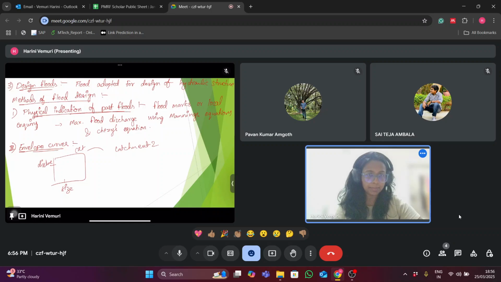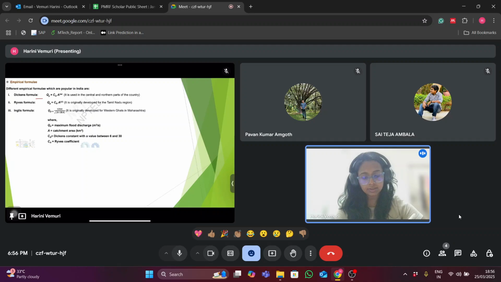Next method is using empirical formulas, which we have already discussed. We have different empirical formulas to calculate the peak discharge. Dickens formula can be used only for central and northern parts of the country, and here it is defined as QP equal to CD into A power 3 by 4. Ryves formula is used for the Tamil Nadu region, and QP is equal to CR into A power 2 by 3. Inglis formula is used mostly for the Western Ghats of Maharashtra, where QP is equal to 124A by root of A plus 10.4.